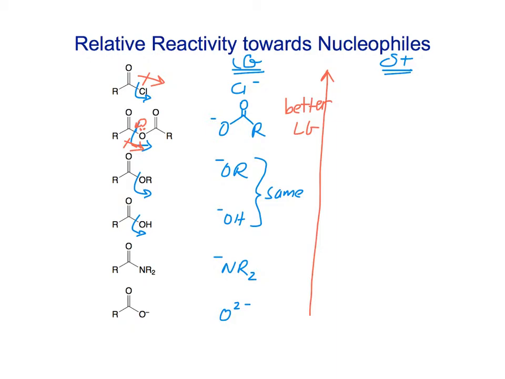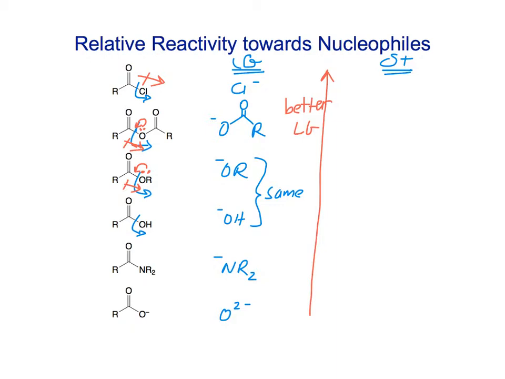But if we compare that situation with, let's say, the ester, this can donate electrons as well. Which one of those functional groups is going to be better at donating electron density to the carbonyl carbon? The ester. So why would the anhydride not be as good at donating electrons to that delta plus?